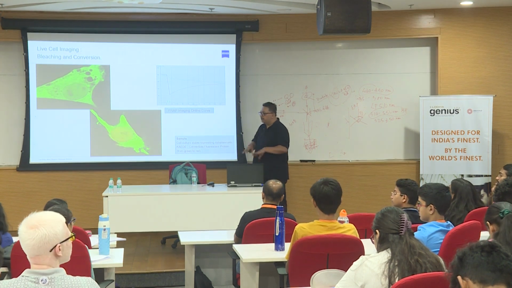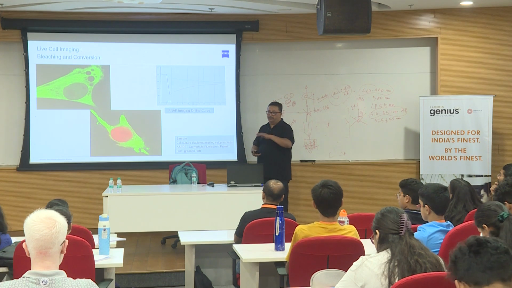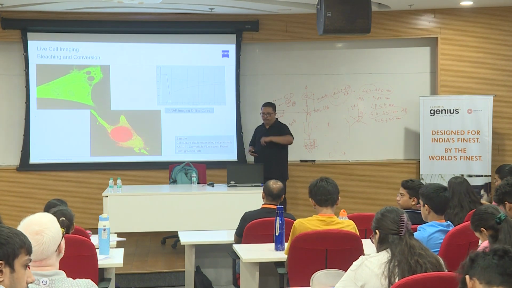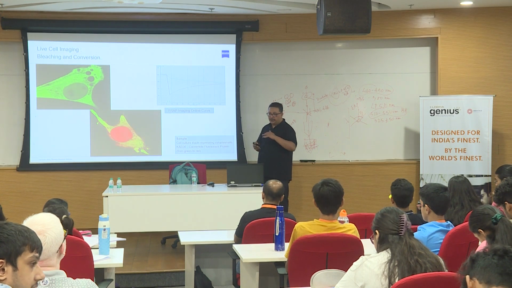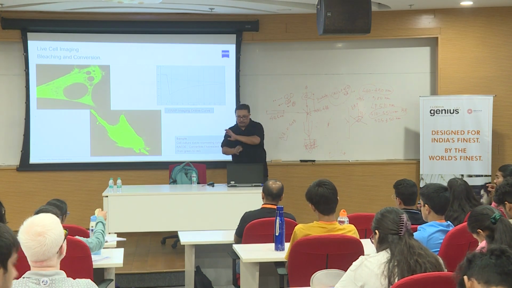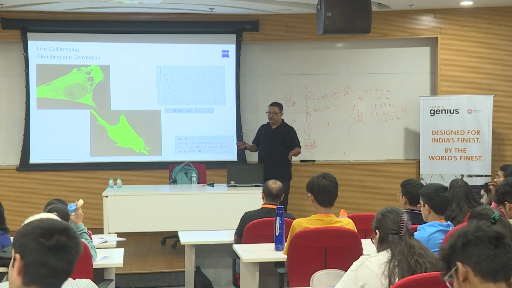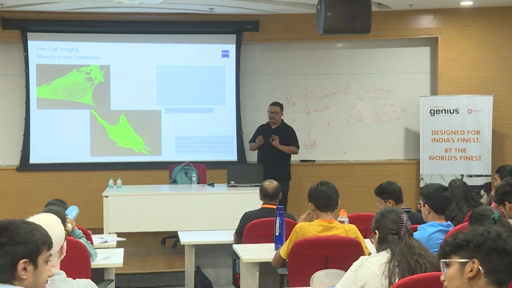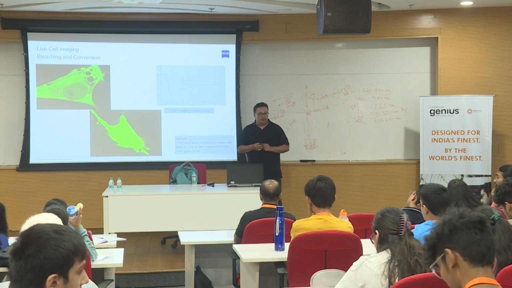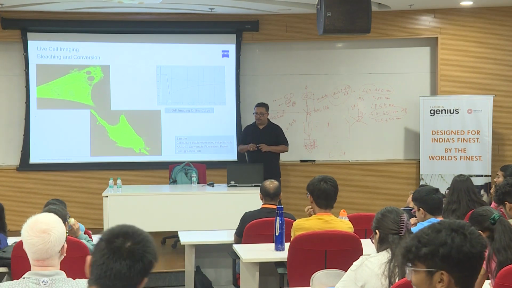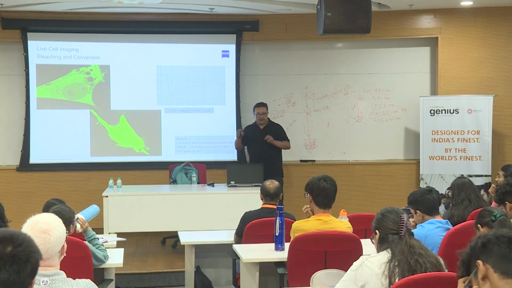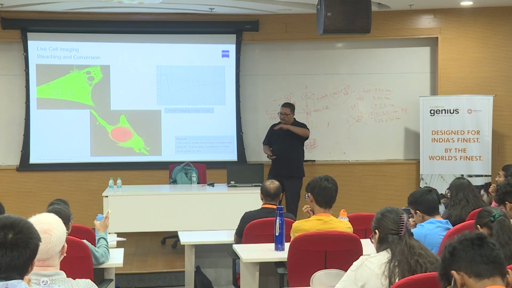When it comes to Z resolution, there is no concept of Z resolution in fluorescence because there is no way to get rid of the haze information. Optical sectioning is possible, but precise optical sectioning to generate a Z resolution is not possible. With confocal, the only advantage you have is axial resolution, meaning your Z resolution. XY resolution of a confocal and a fluorescence microscope is exactly the same. What is important for a confocal is your Z resolution.